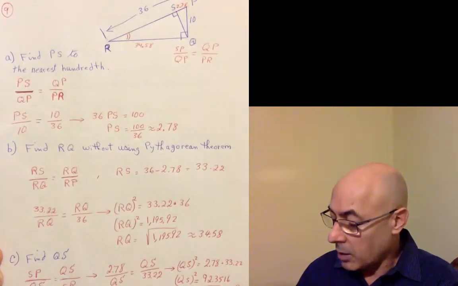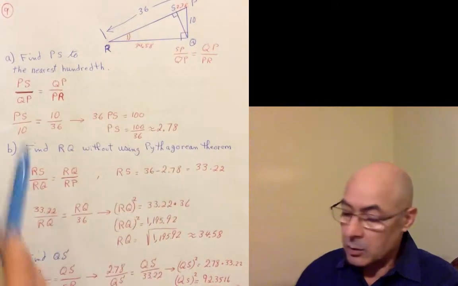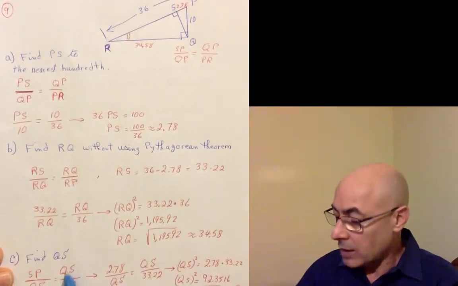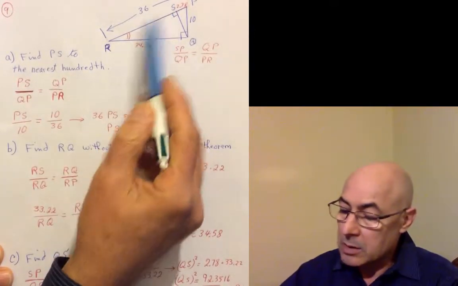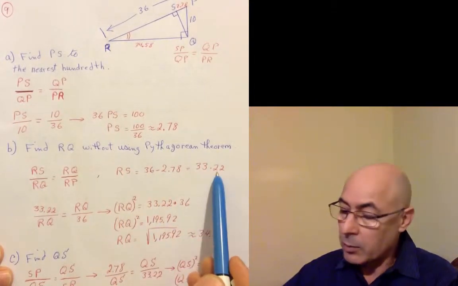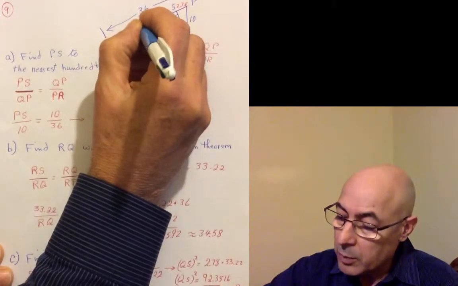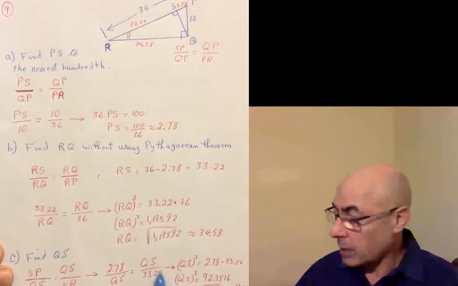Let's plug in the numbers. Do we know how long is SP? Yes, 2.78. We got that from part A. QS, that's what we want to find. QS, that's what we want to find. SR, we did find SR before. Here it is, 33.22. We did find that by subtraction. So I plug it in here.